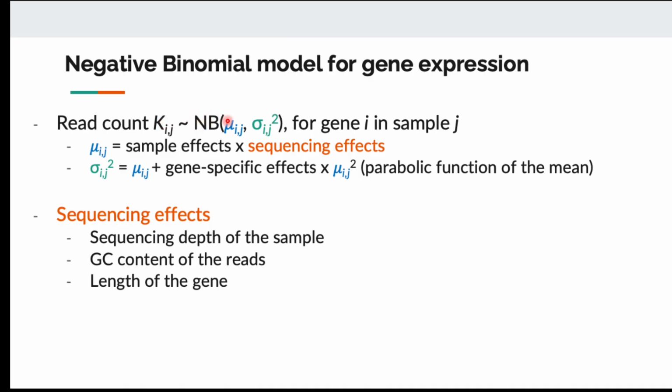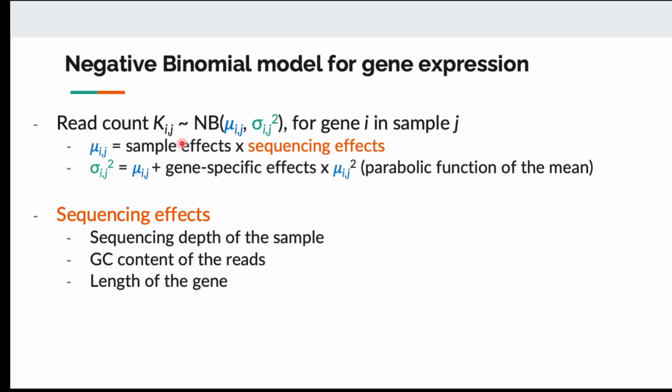The negative binomial has a mean and a variance, and we know that the variance is a function of the mean, like the mean plus some factor times the mean squared. So DESeq2 is going to have to estimate, for gene i in sample j, the average expression for all the genes in all the samples. And they're going to break the average expression down into two effects.